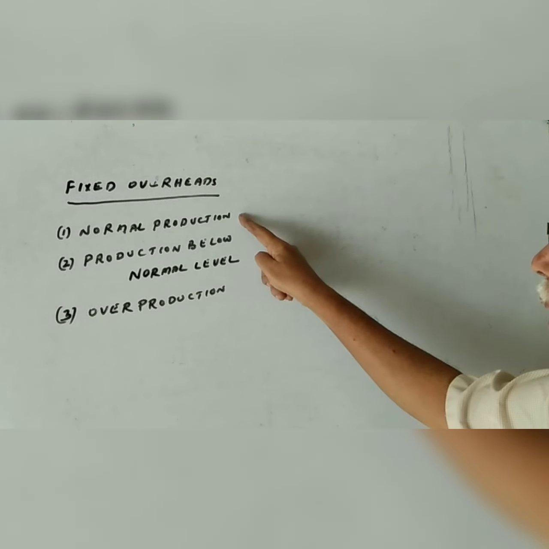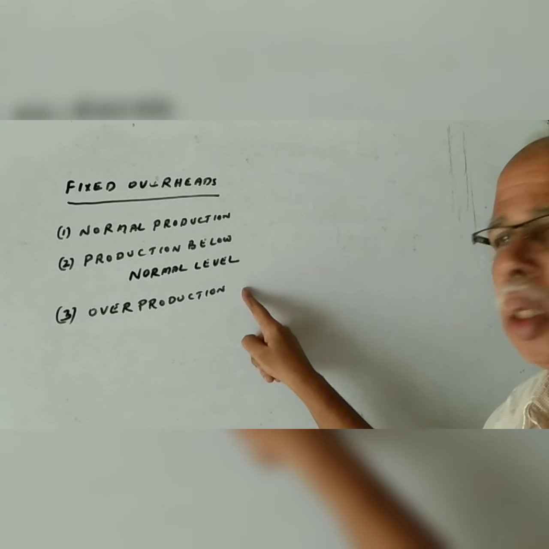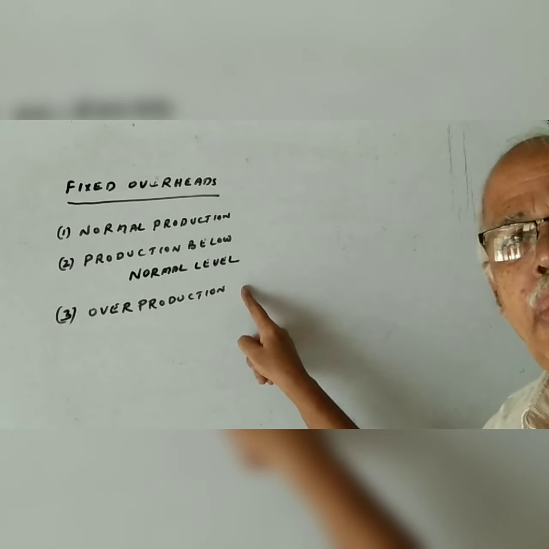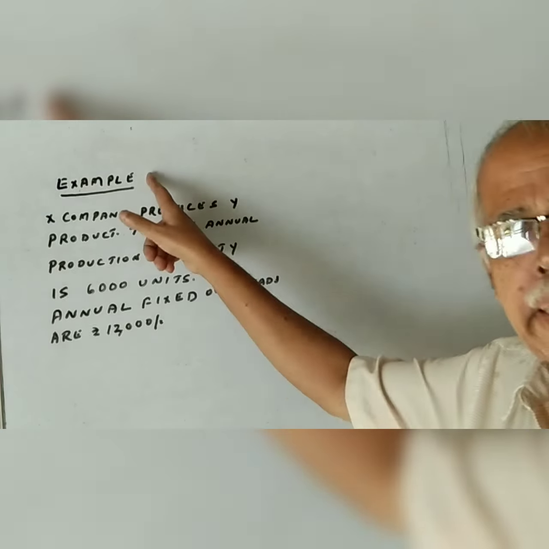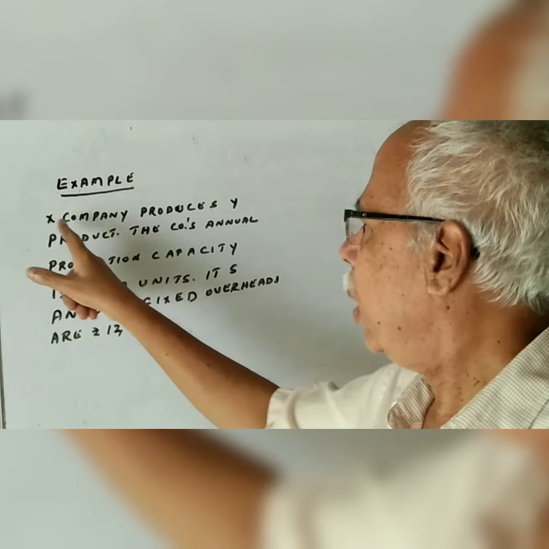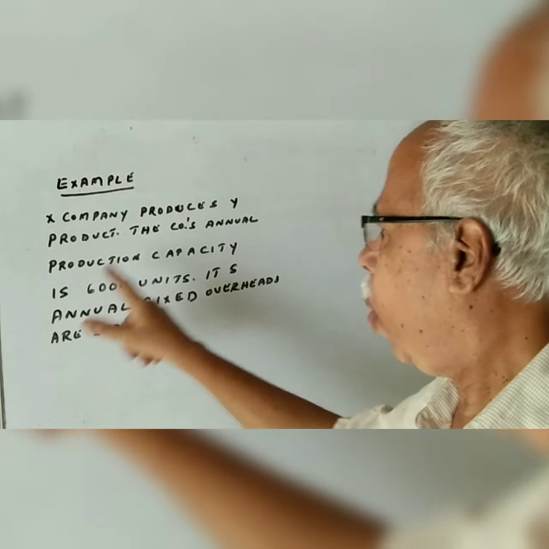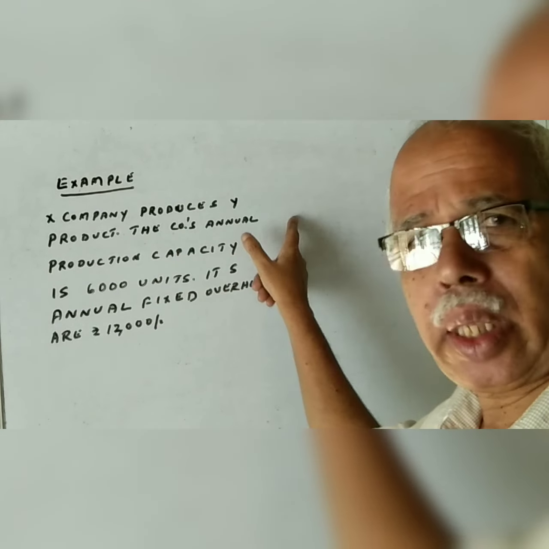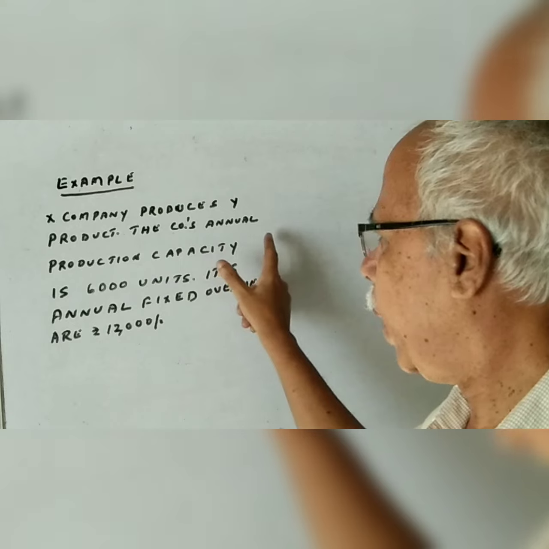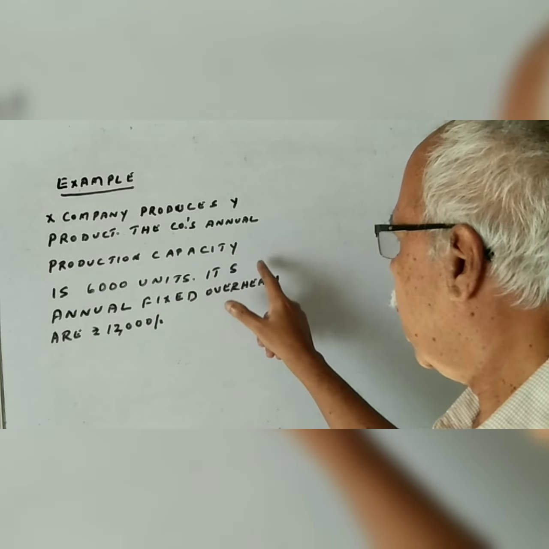I will give you examples of these 3 scenarios so that the concepts will become very clear to you. Example. X company produces Y product. The company's annual production capacity is 6,000 units.